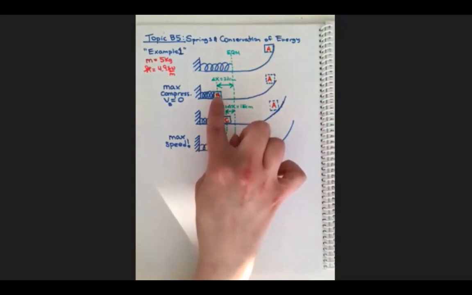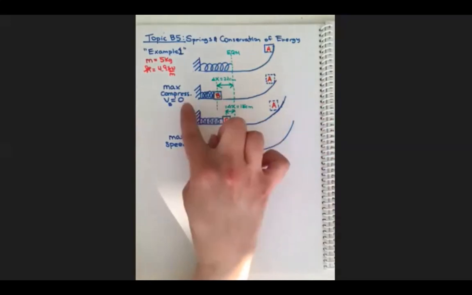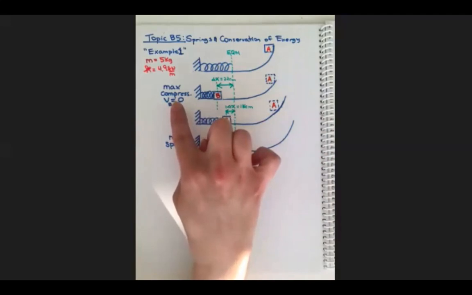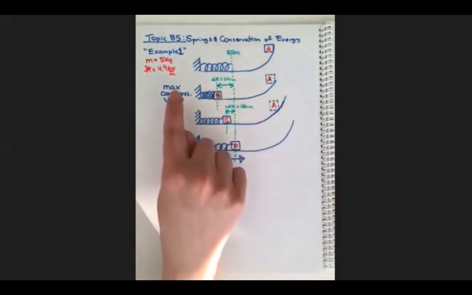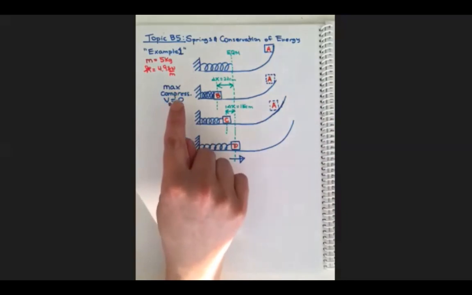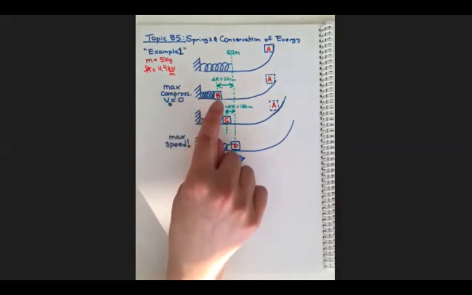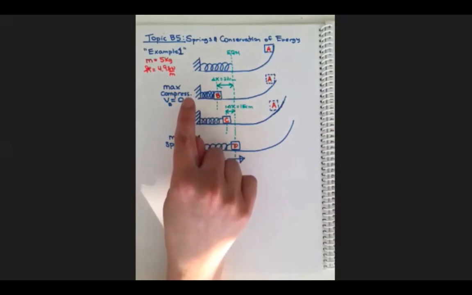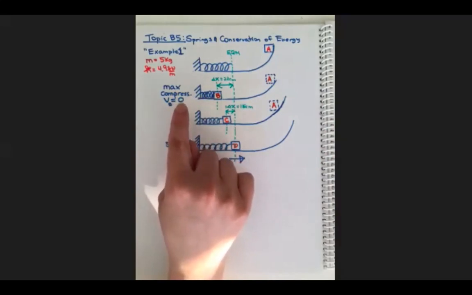At the maximum compression, there is no speed. So that is key. Highlighting maximum compression, and that phrase will mean that the speed of object B is 0 at that point. Its speed is 0. That's why it's the maximum compression. It would keep going if it did still have some forward speed to the left. So maximum compression means VB is equal to 0.